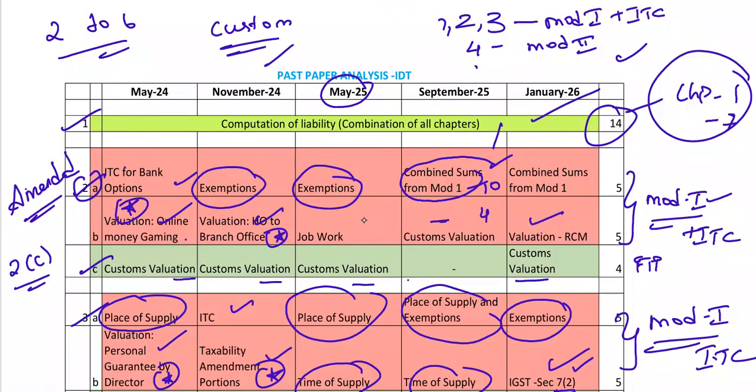And question numbers 5 and 6 are going to be module 3. This is for your GST part. And except for the first question, the last part of all the questions is going to be customs. So this is how I have summarized the entire paper for you.